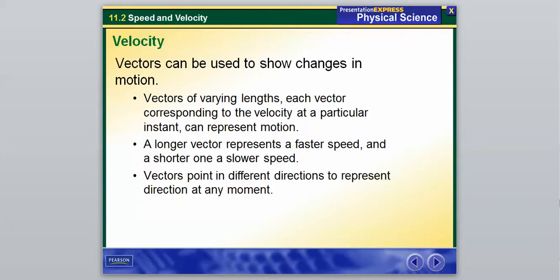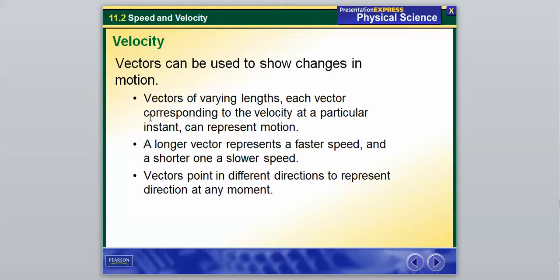And vectors, remember, just our lines with the arrow showing the direction and the magnitude, can be used to show our changes in motion. So just like we graphed out the examples in class just with distance, now we can graph out examples with how fast things are moving. Vectors of varying length can represent motion, and each vector corresponds to the velocity at a particular instant.